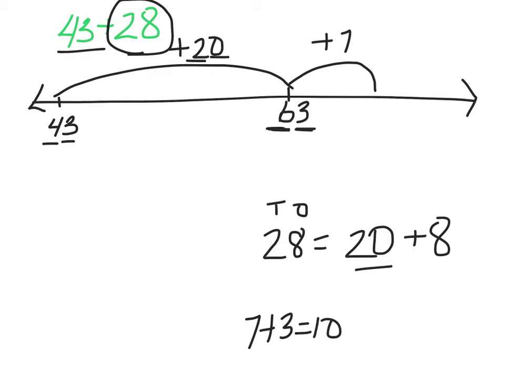There are 6 tens here, so now there will be 7 tens. So I did plus 7. 8 can be broken up into 7 plus 1. So I need one more. And that will bring us to 71.